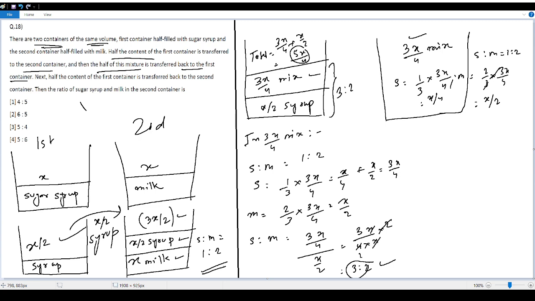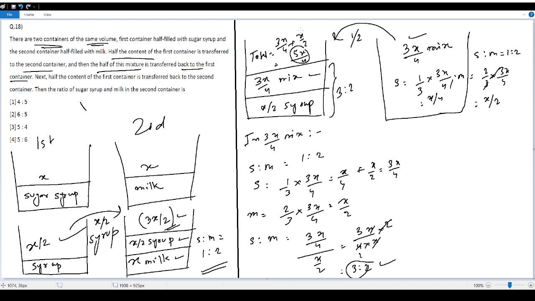Sir. Now half of the mixture from here has been transferred over here. In the second container, how much is there? 3x by 2. What will be the half of 3x by 2? 3x by 4.